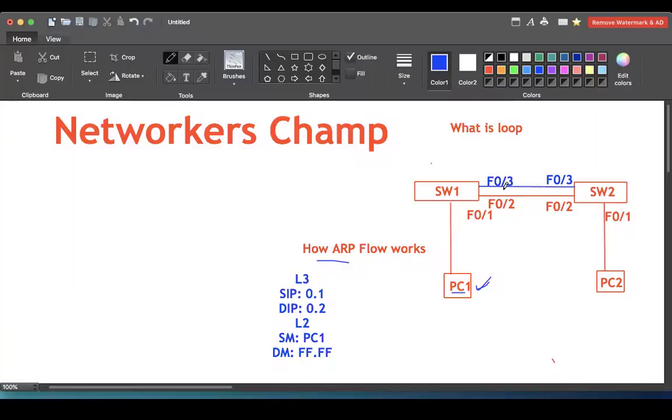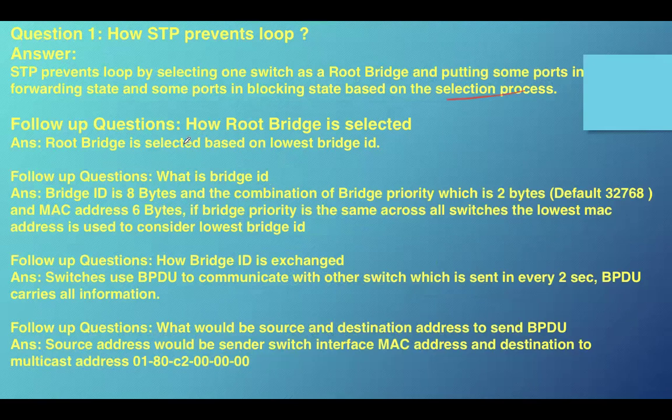Now, I just mentioned that STP will select a root bridge out of all the switches. How is the root bridge selected? That's another follow-up question they may ask. The root bridge is selected based on the lowest bridge ID. As soon as we answer, there may be a follow-up question again: what is bridge ID?